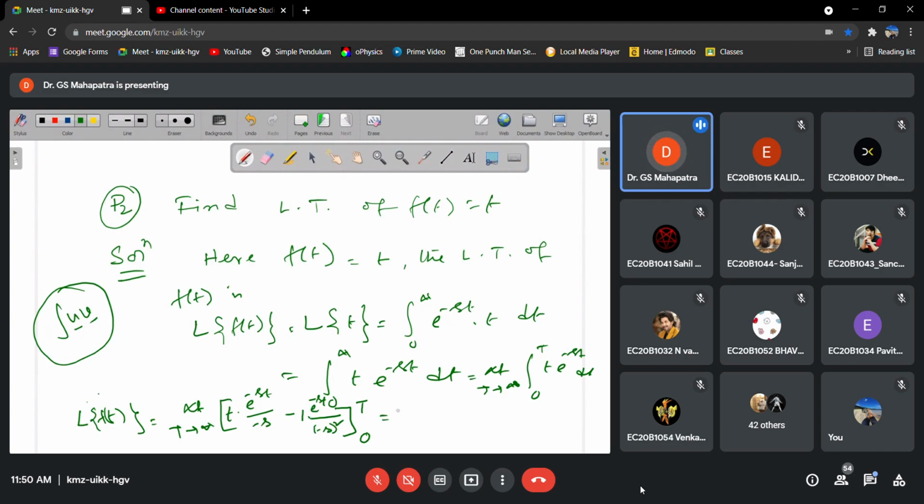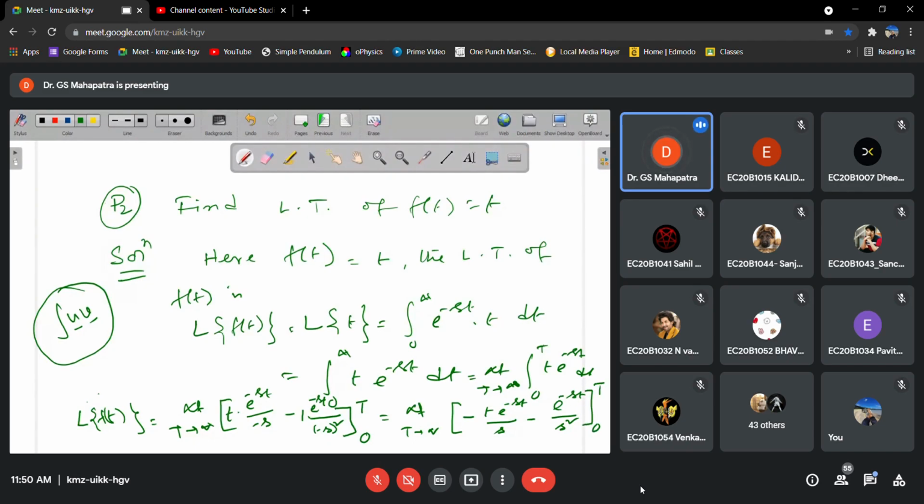The limit is t tends to infinity. Now if you put the limits, you will get the answer like minus t e to the power minus st by s minus e to the power minus st by s square, with limits 0 to t.